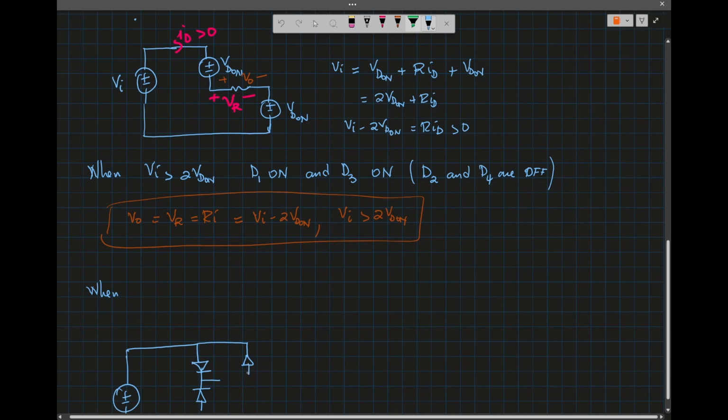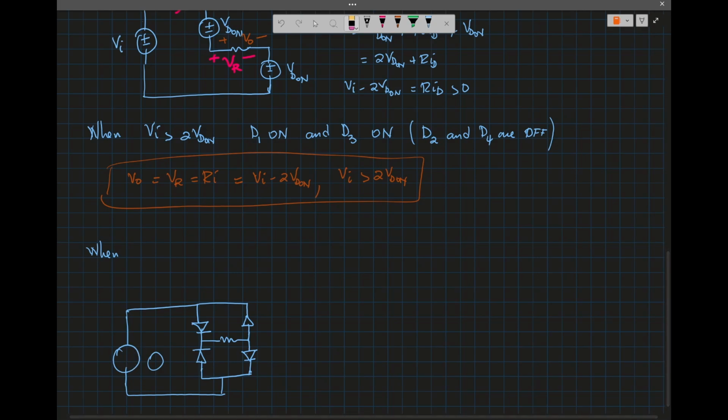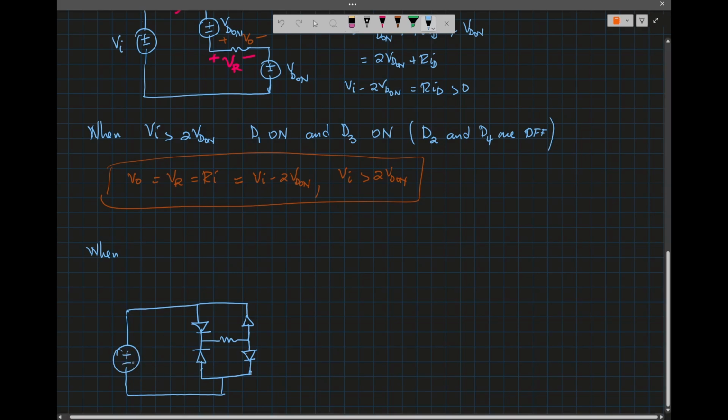We had this, and we had this. So at a negative cycle, meaning the power supply is now this, the current will flow this way.